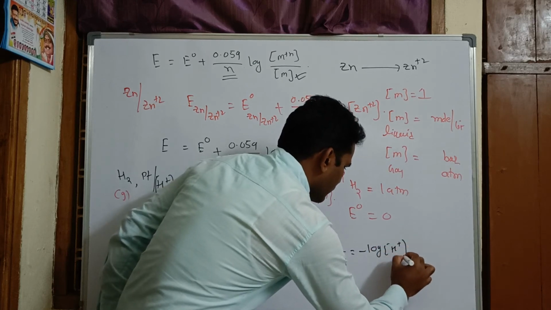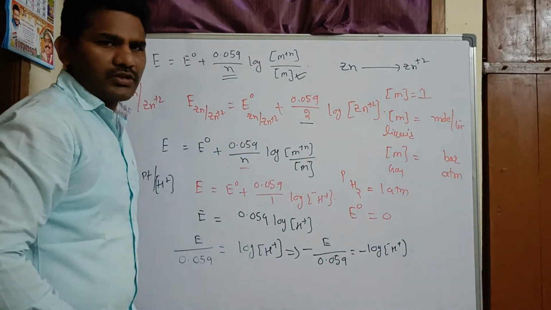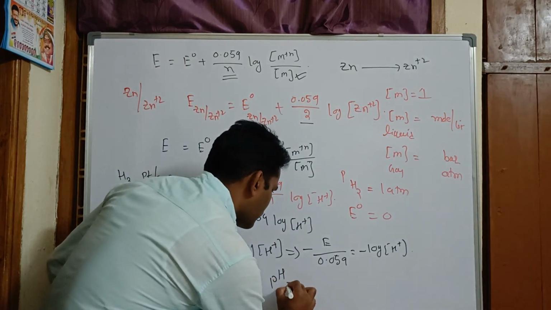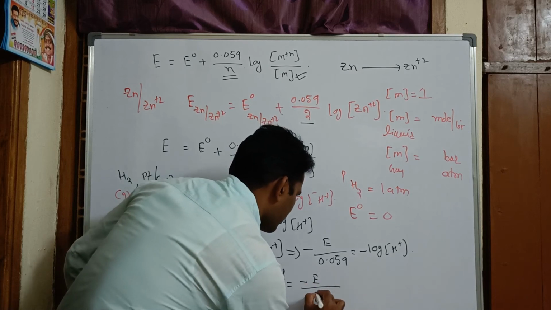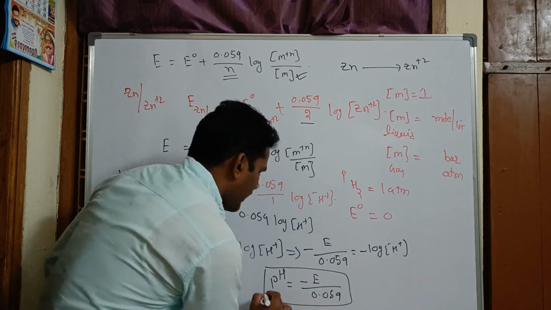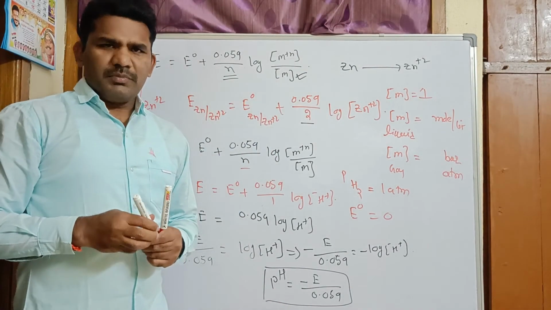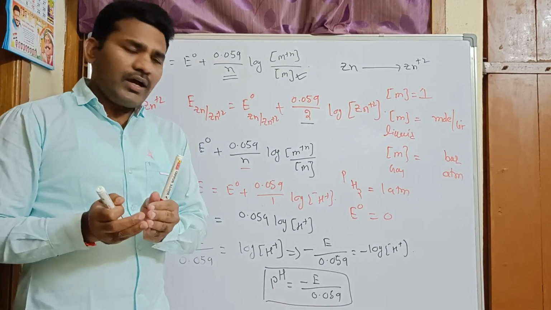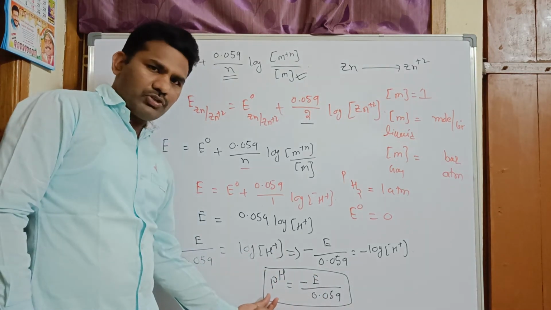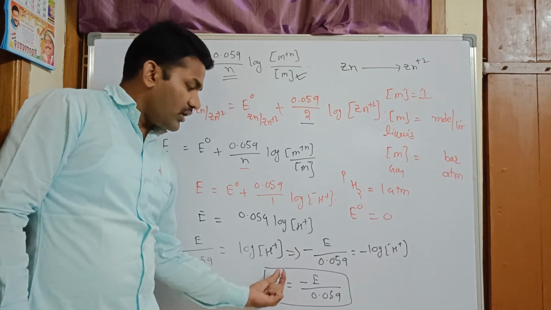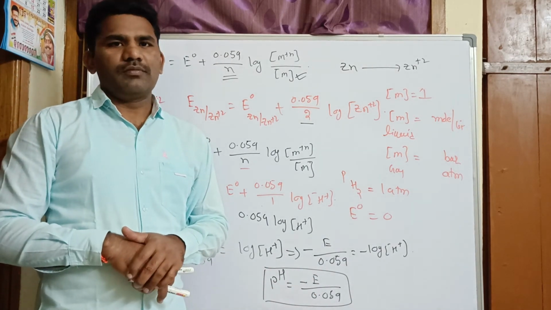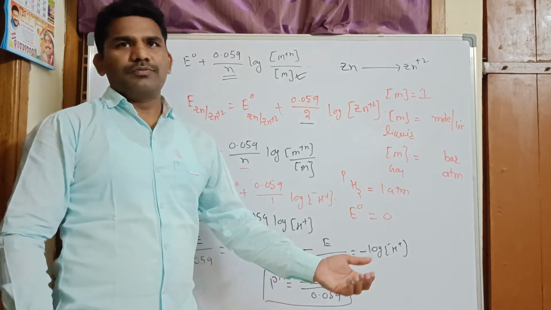The negative logarithm of H+ concentration is nothing but pH. So therefore, pH = -E/0.059. Very important formula. That means if you know the electrode potential, it is possible to calculate the pH. If you know the pH, it is possible to calculate the electrode potential. Then we will continue.